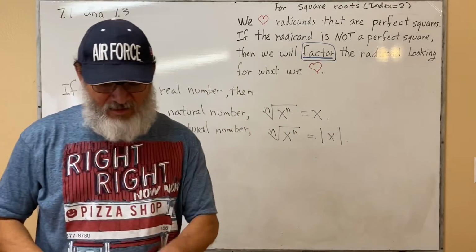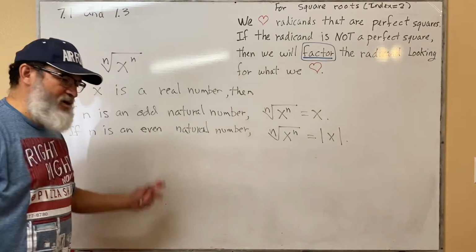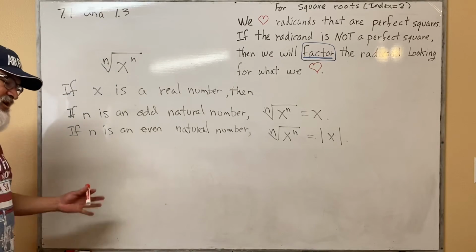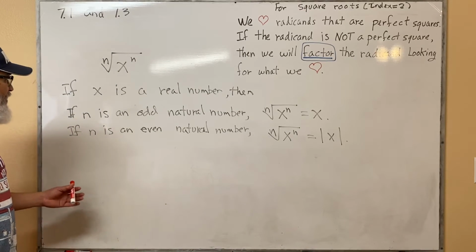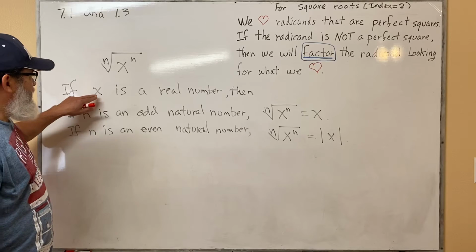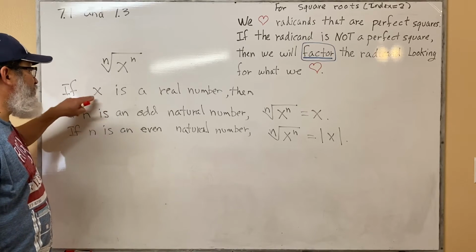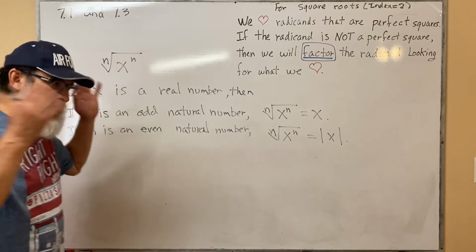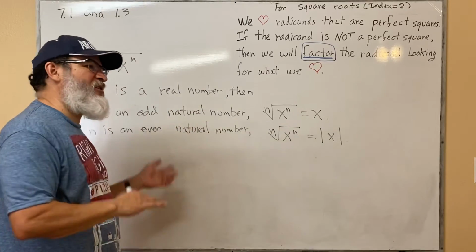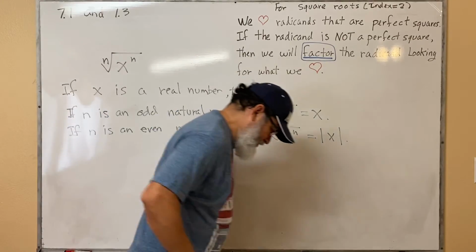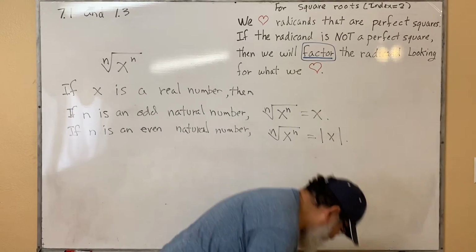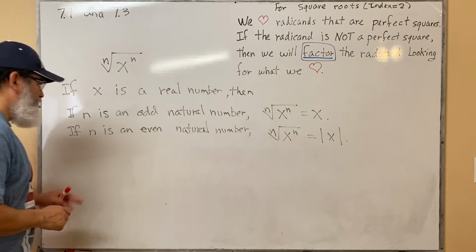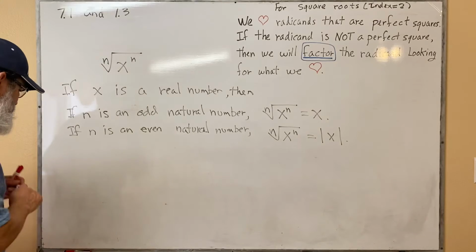Okay. Let me try to make sense of this for you guys, okay? Look, basically this is what they're saying. If we're considering x to be any number that comes to your head, any number on the number line, positive, negative, okay? What they're saying is this.